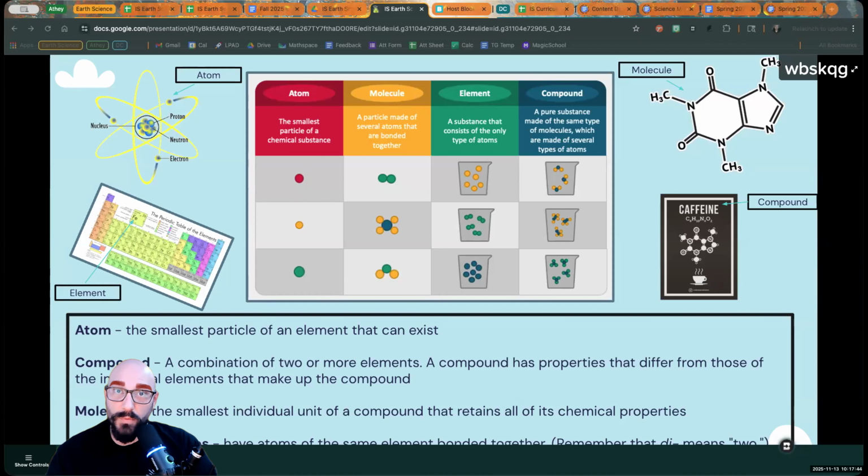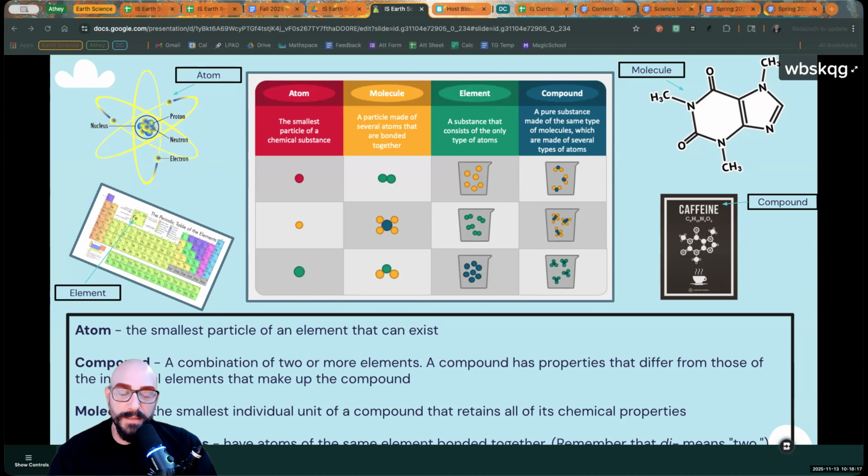When you get multiple atoms together and bonded to each other, you get a molecule. So a molecule is two or more atoms together. A compound is two or more elements. So I can have a molecule that isn't a compound, but every compound has molecules in it, or atoms in it, even.